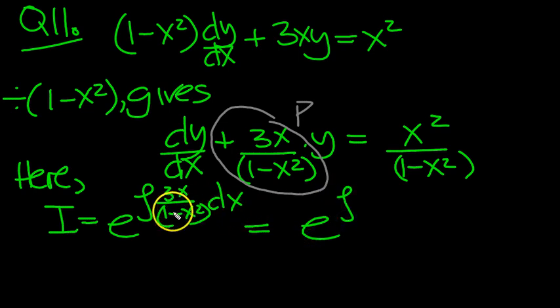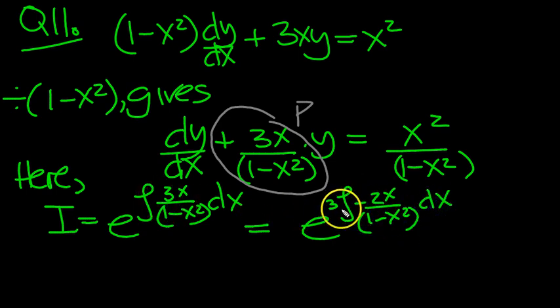Now, I know that this differentiates to minus 2x, so I'm going to put the 3 there, and I'm going to write minus 2x there, over 1 minus x squared dx. Now, I can't change the number, the 3 here, so I'm going to have to put a minus 2 underneath, so I'll do that like so. So that will cancel with the minus 2 that I've just magicked up here, so that I haven't changed anything.